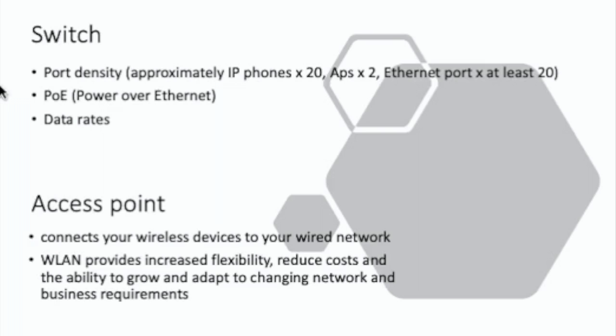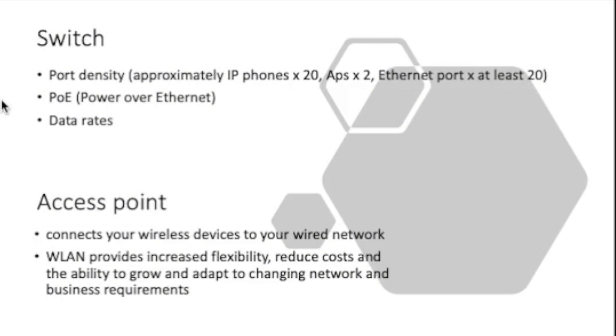The other feature will be PoE, Power over Ethernet, which allows the switch to deliver power to devices like IP phones, cameras, and APs. So PoE is a feature of a switch. We don't need a separate supply to power up the device when we have this feature.